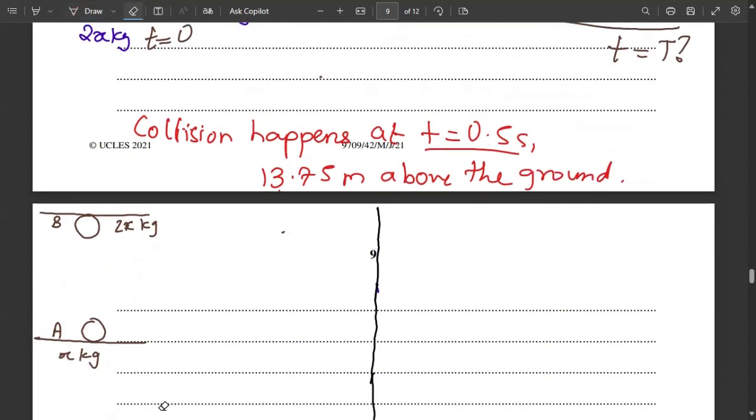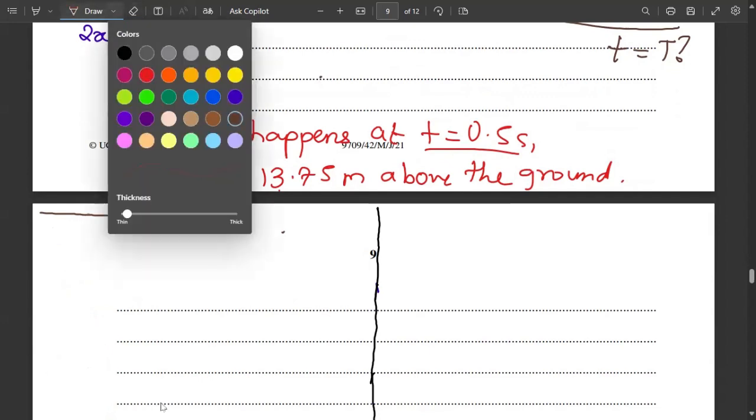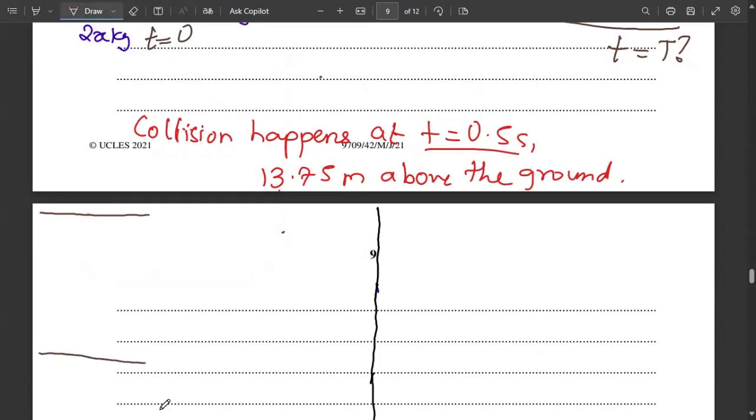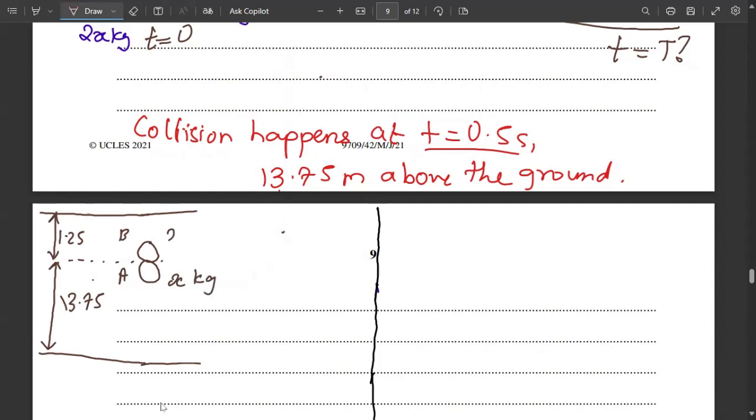So now I won't even make this diagram. Let me just make this. This is 13.75, 1.25, B, A. Mass of A will be x kg in one case, and mass of A will be 2x kg in the other.